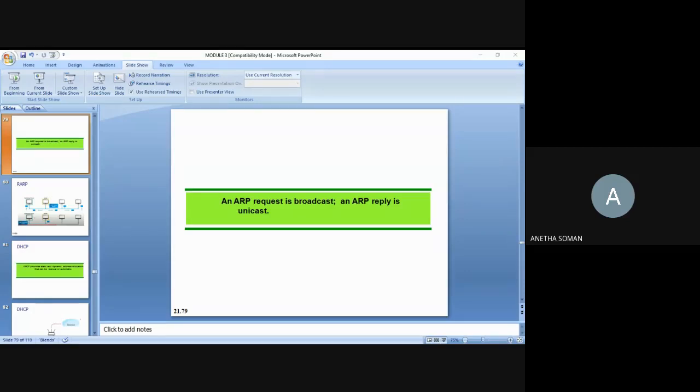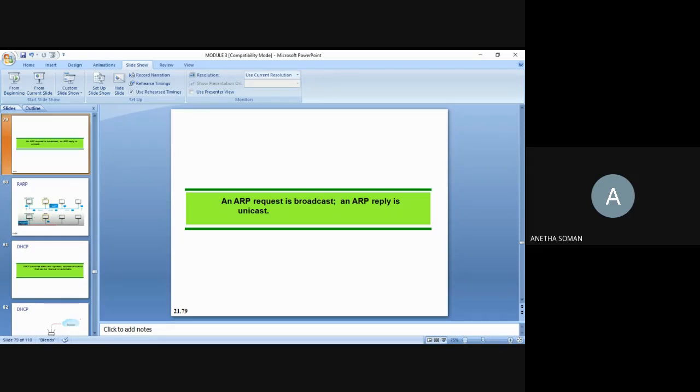Yes or no? Only then can we move to the next topic. So if I want to obtain the physical address of the receiver, I make use of this ARP protocol. Jyotish, understanding? Yes. Okay, good.